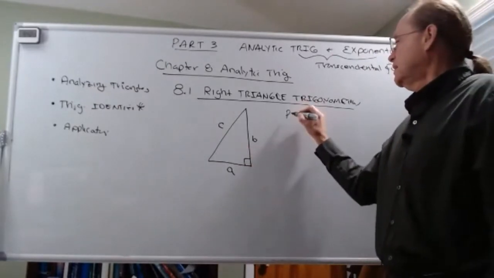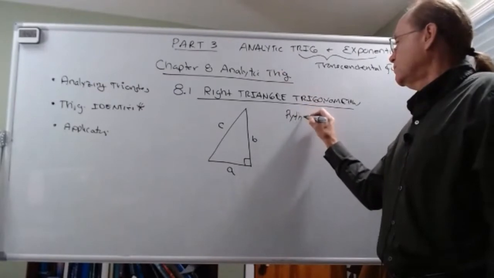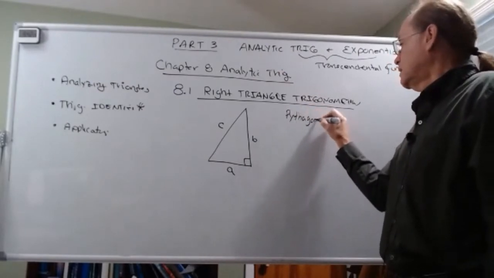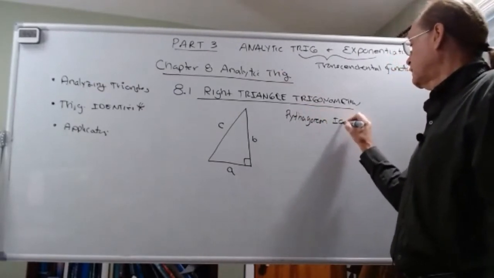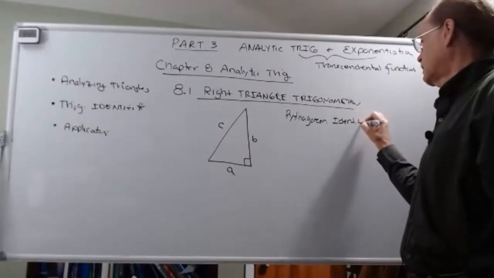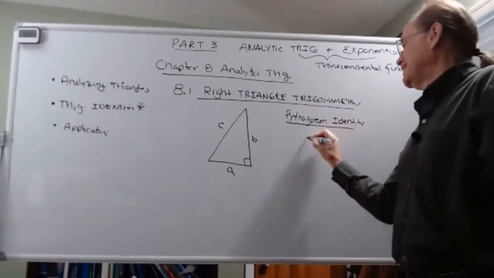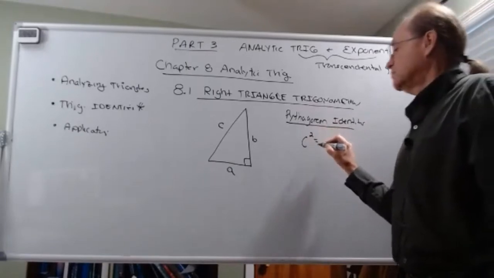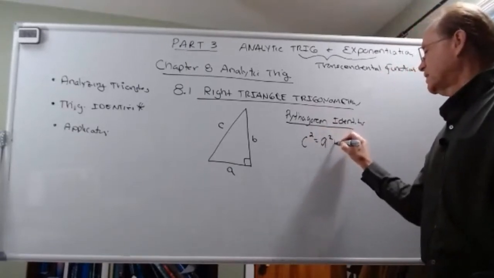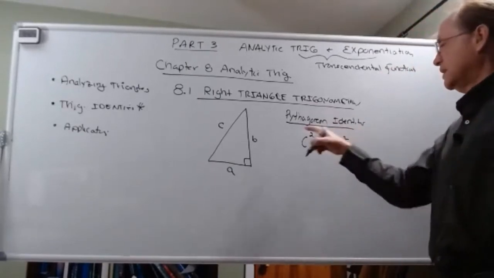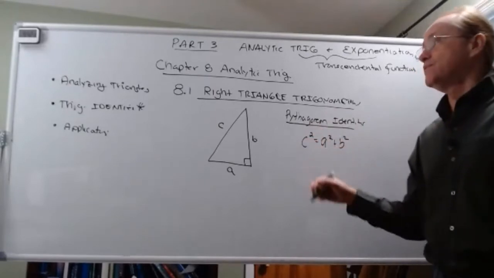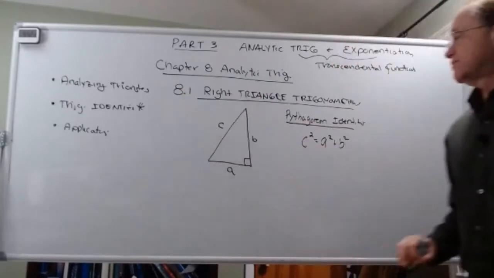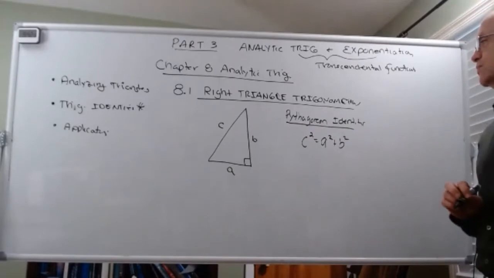So that's going to be an important tool that we're going to use. It says that C squared is equal to A squared plus B squared. We're going to see this in another alternative form when we start using trig functions as well. So that's an important tool that is going to come into play.